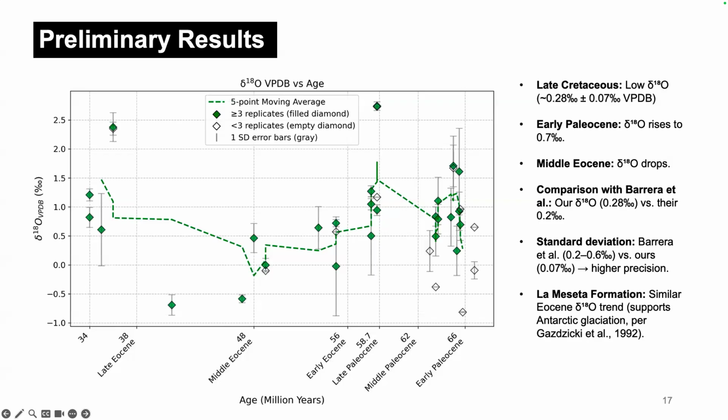This suggests improved analytical precision and refined methodologies, contributing to more reliable isotope ratio reconstructions in the late Cretaceous. Additionally, we observed a similar delta 18O trend in the Eocene in the La Meseta Formation, consistent with Gatsinski, who documented delta 18O increases in the Eocene linked to potential Antarctic glaciation.